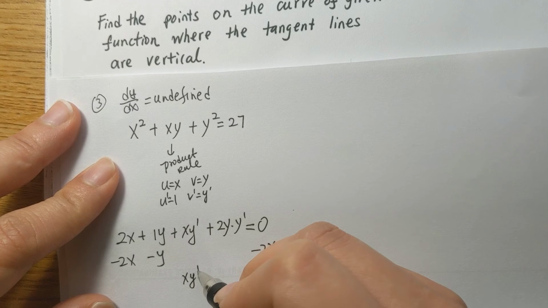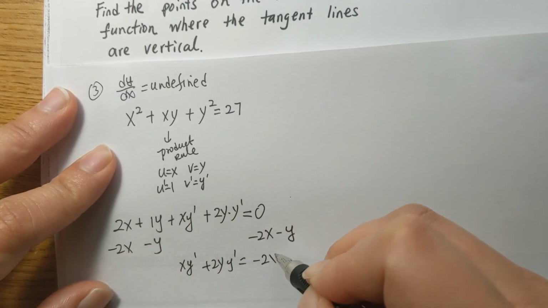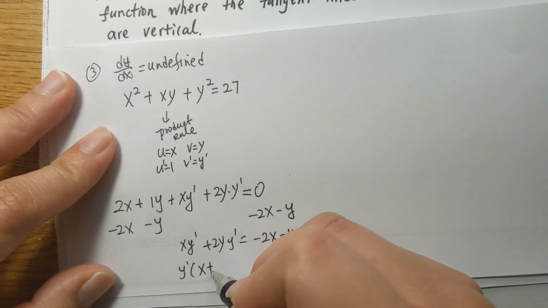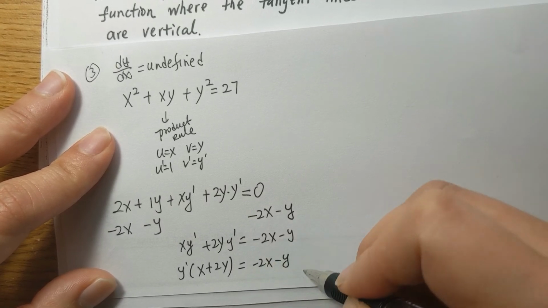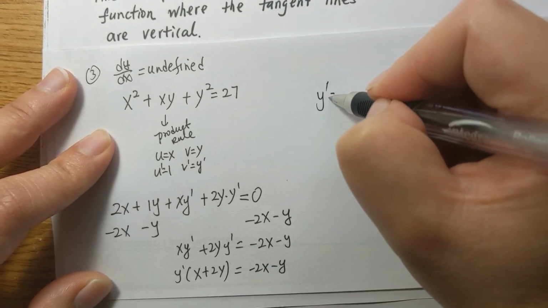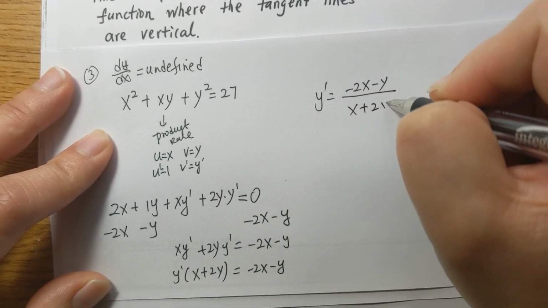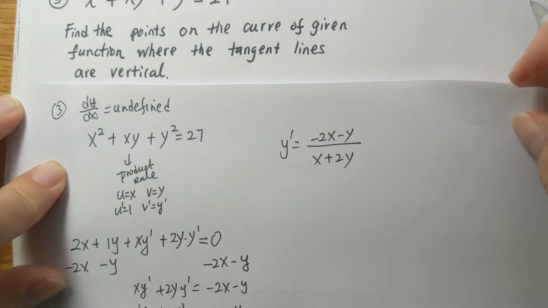I get xy prime plus 2y prime equal to negative 2x minus y. Factor out the y prime. So now we have y prime equal to negative 2x minus y over x plus 2y. So I found the derivative.